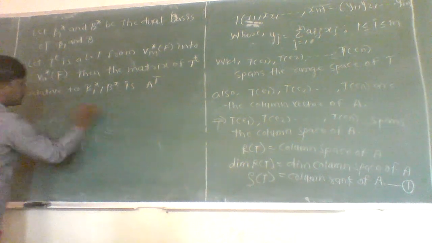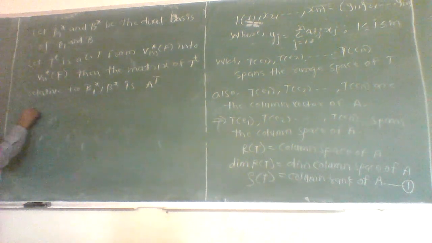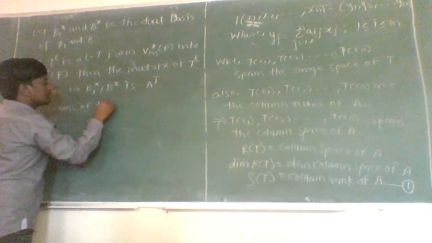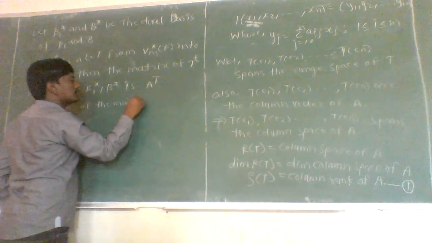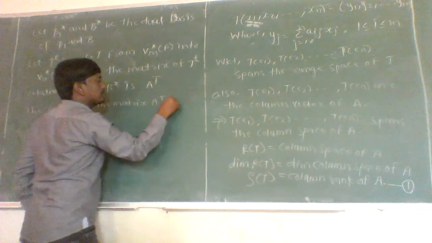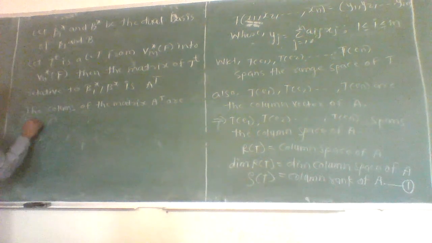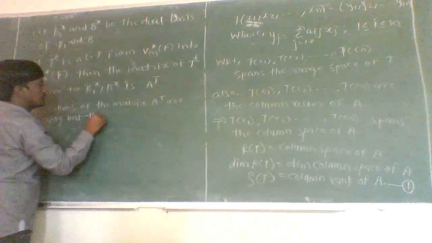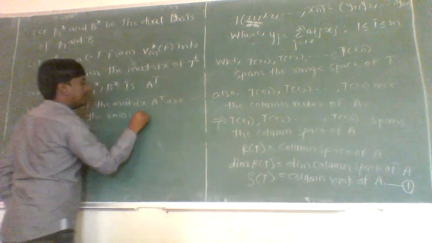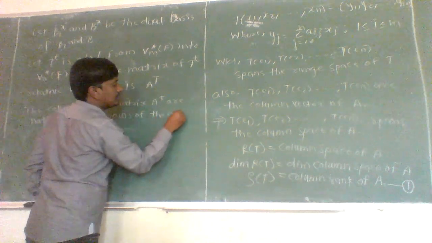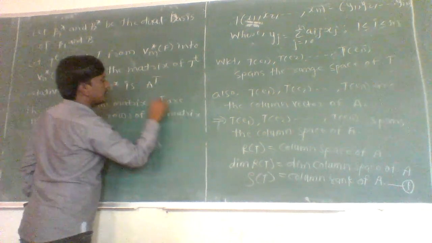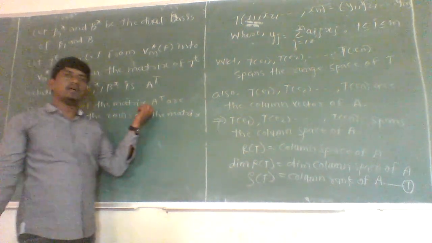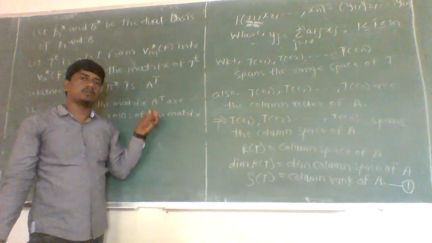Okay. Now the columns of the matrix A transpose are nothing but the rows of the matrix A. We know that the transpose of a matrix is obtained by interchanging the rows and columns of the given matrix.